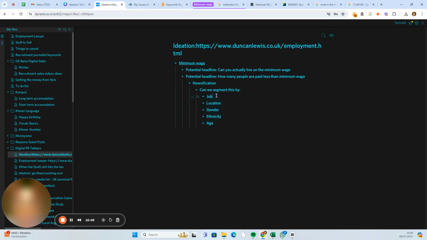So if you can say, 10% of cleaners earn less than minimum wage, we could get in cleaning magazines.